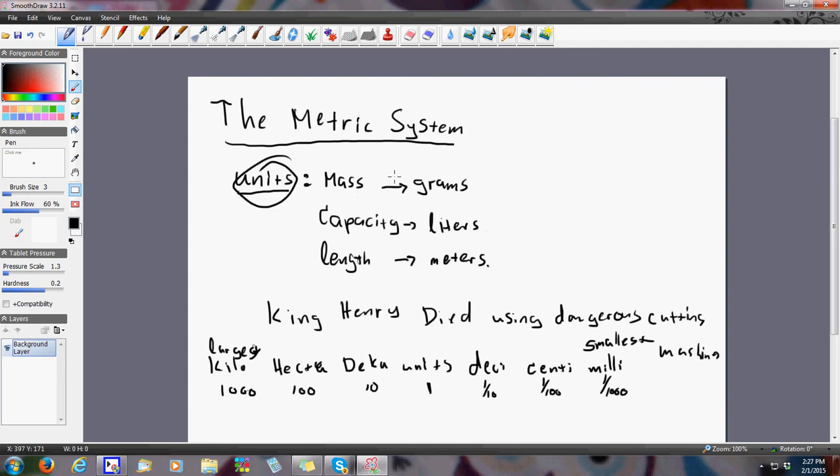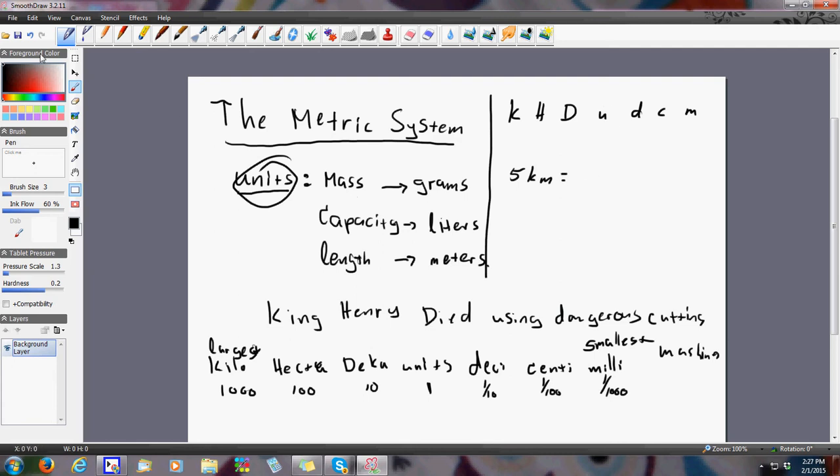Alright, so I'm going to give you some examples real quick and show you how to use this in the most effective manner. Let's say I ran 5 kilometers and I want to figure out how many meters that was.